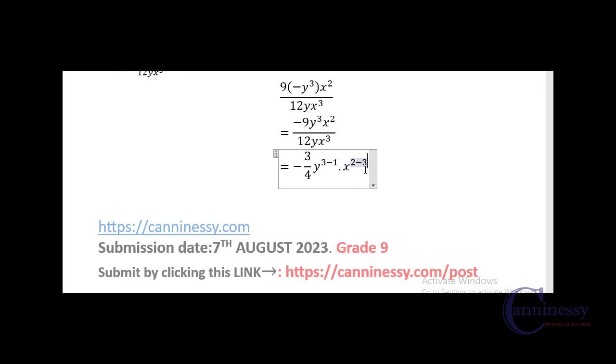Alright, I believe that now we have mastered this problem. You are understanding how I come about with y to the exponent 3 minus 1 multiplied by x to the exponent 2 minus 3.